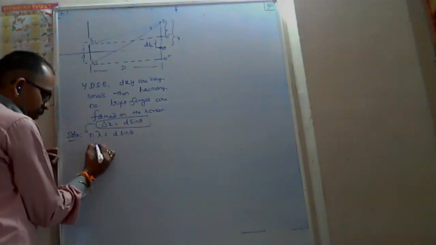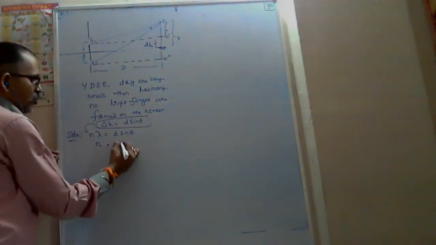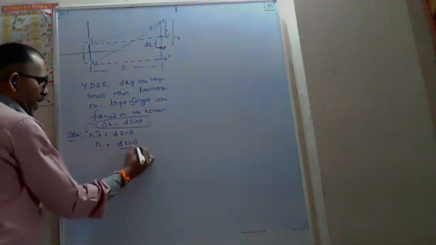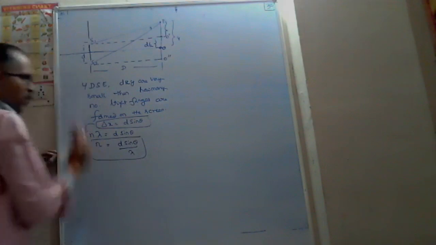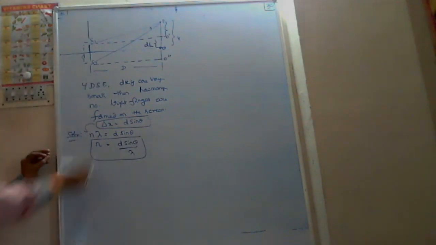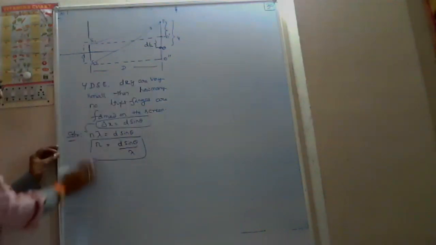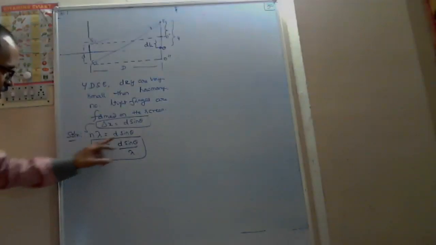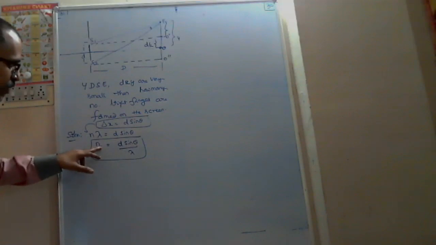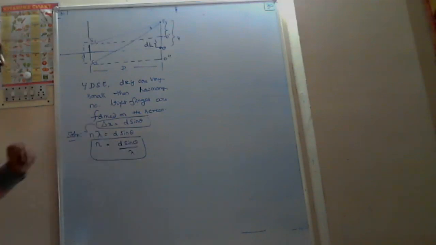Then the number of fringes formed is d sin theta by lambda, you can write, but he is asking the maximum number. How many total bright fringes? It means n should be maximum. n is maximum when sin theta is maximum.